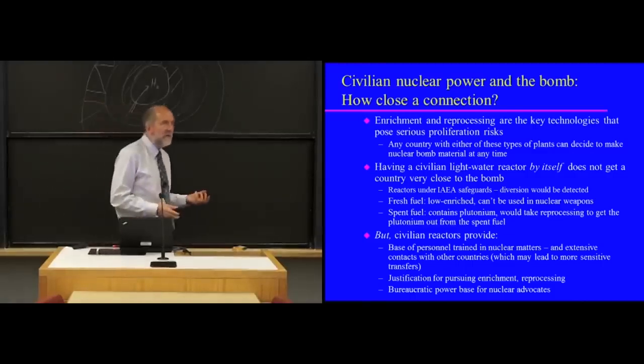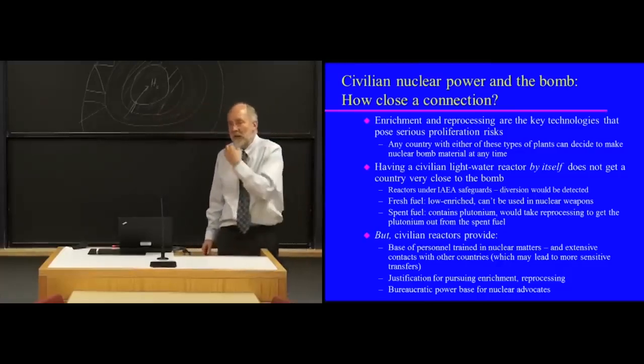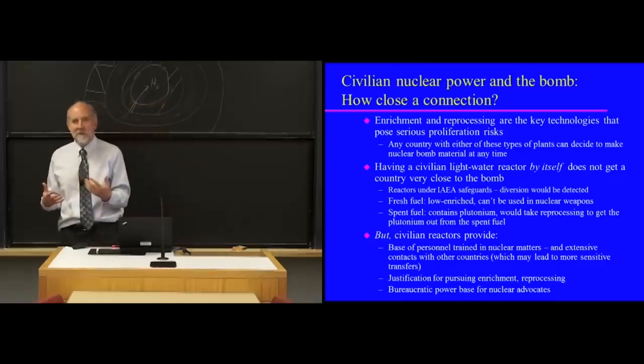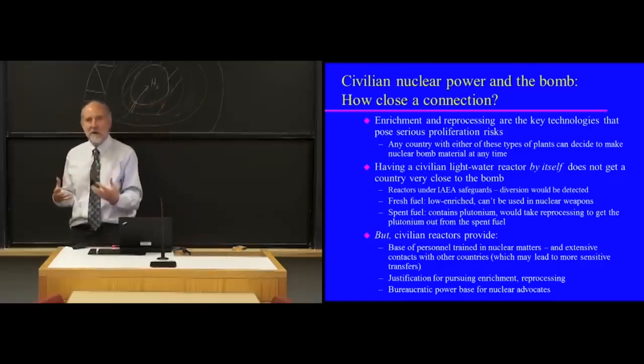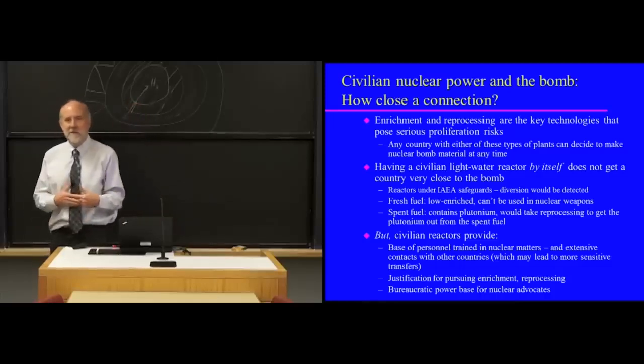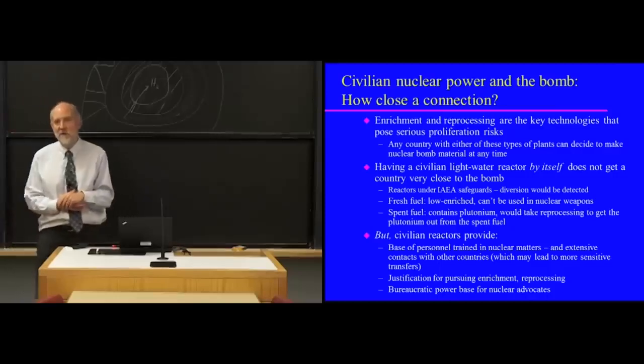Now, I think a lot of people assume when they're first learning about this topic, oh, but surely to make a nuclear bomb, I must need a bigger, more complex, fancier plant than just to make the relatively low-grade material I need for a nuclear power plant.